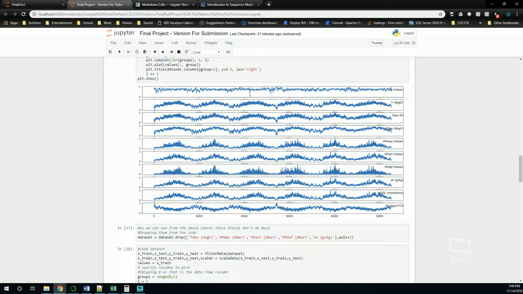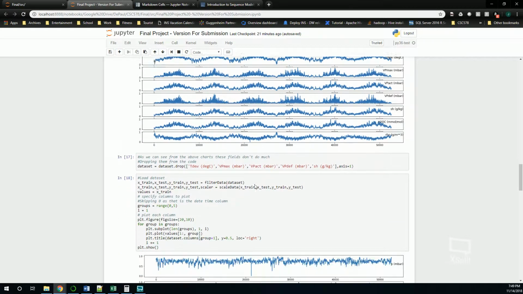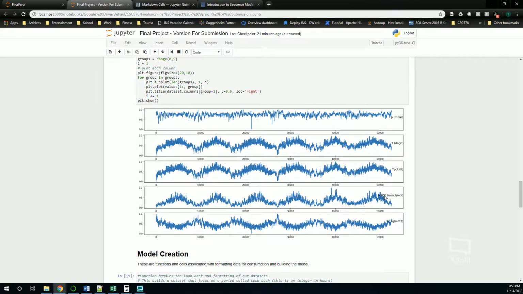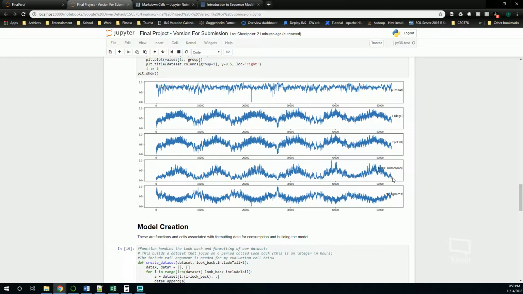I don't want to have variables that basically look the same. So this is where I ended up. I obviously have to keep T degrees Celsius, and this one looks like it gives a little bit more nuance. Even though it looks very similar to T degrees Celsius, it looks like it will complement it well. And so these are the ones I kept.